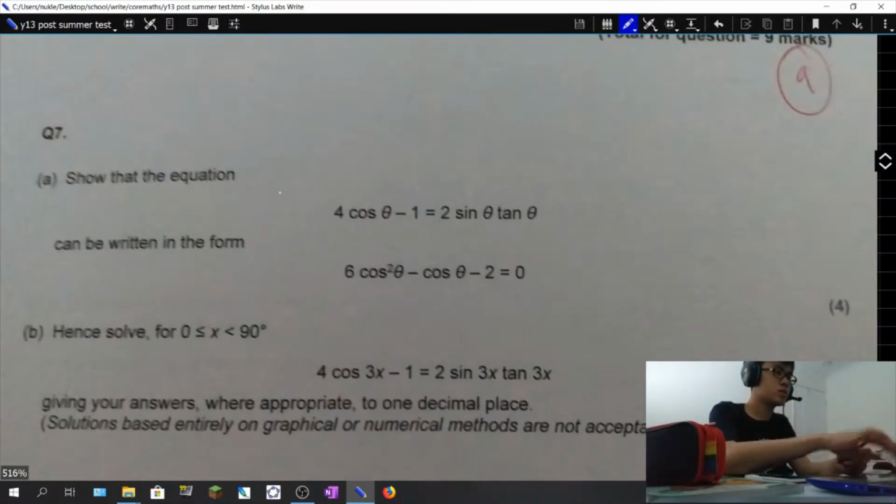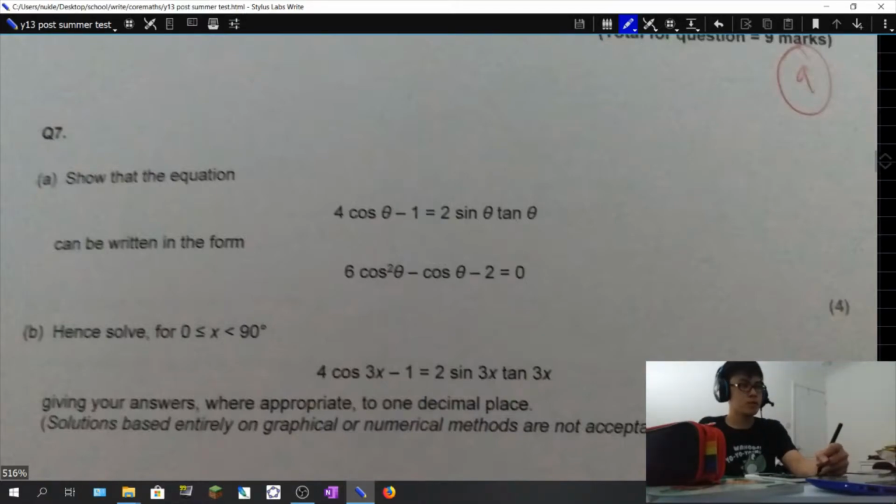Trigonometry. Show that the equation can be written in the form given. Okay, so we have 4 cosine theta minus 1 is equal to sine theta tangent theta. First thing we can do is write tangent theta as sine over cosine.